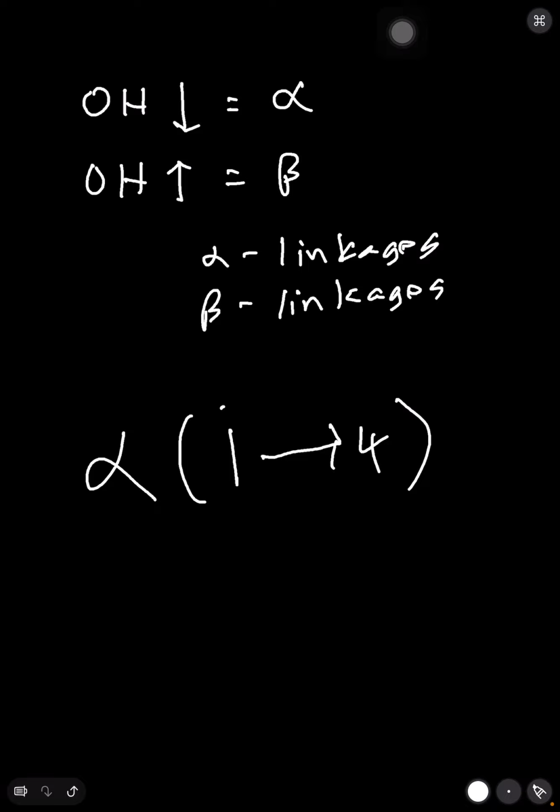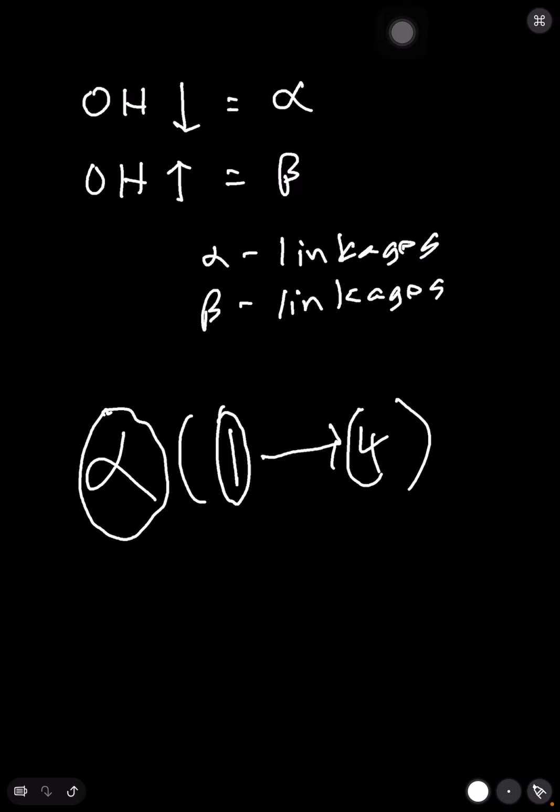So when you see the 1, that means the ring on the left, the saccharide on the left, is making a linkage from its anomeric carbon. The alpha tells you that the OH at the anomeric carbon was in the alpha position.